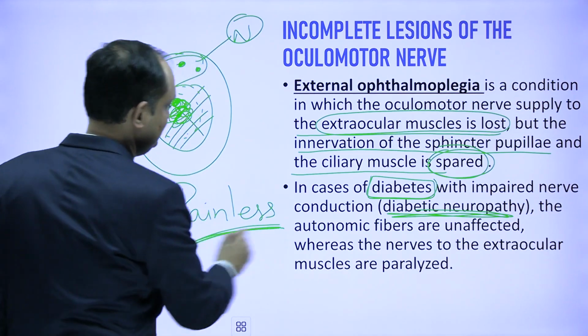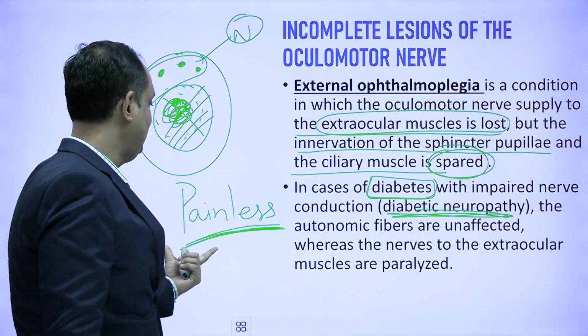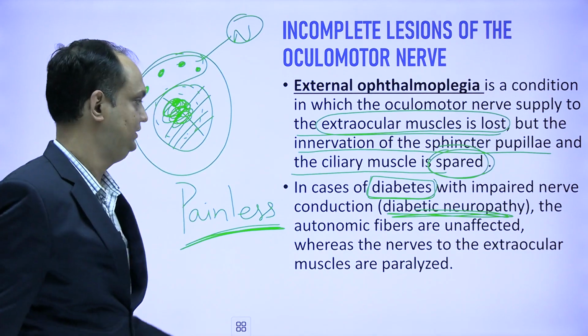So you have to understand that external ophthalmoplegias are generally painless while internal ophthalmoplegias are painful conditions. At the end of this class on the oculomotor nerve, we are able to understand what the oculomotor nerve is, what its nuclei and functions are, and what will happen if different fibers of the oculomotor nerve get paralyzed. So this is all for today's class. Thank you.